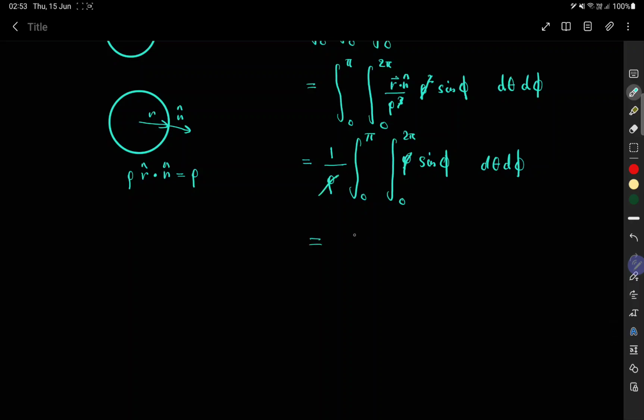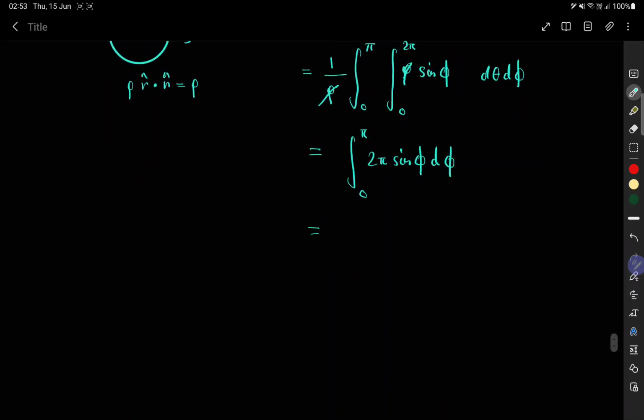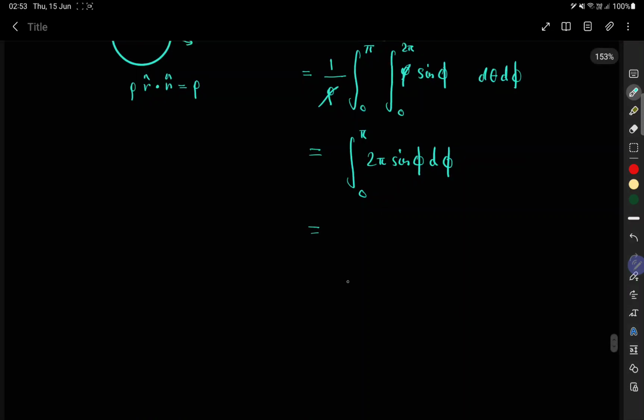Now you just get left with the integral from 0 to pi. There are no theta terms, so we can already set that aside, and we get 2 pi sine phi d phi. Now if you integrate this, the integral of sine phi is negative cos phi.